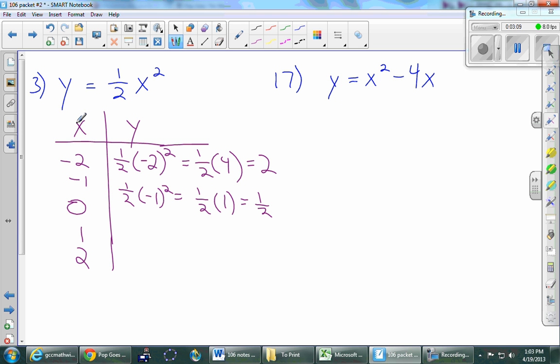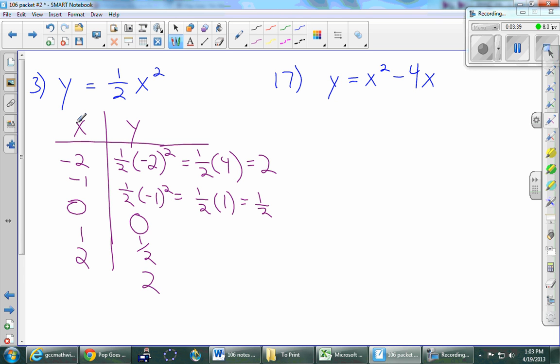When you plug 0 in and you square it, you get 0, and then you do times 1/2, still 0. And then when I plug 1 in, it's going to be the same as the -1, because squaring -1 turns it into the same as squaring +1. So this is going to be 1/2, same as that number up there. And 2 squared is the same as a -2 squared, so this will be the same as that number.